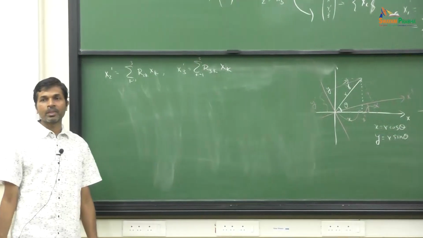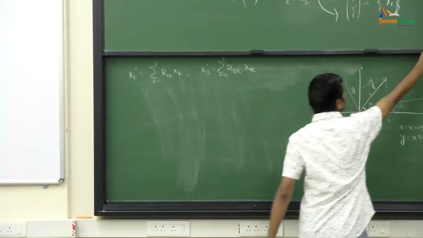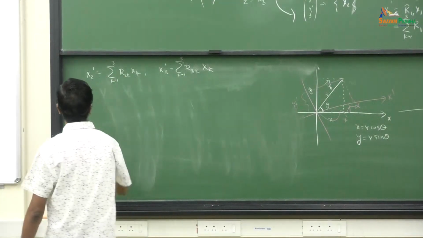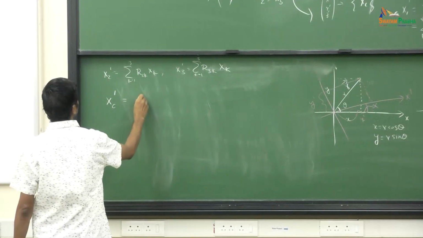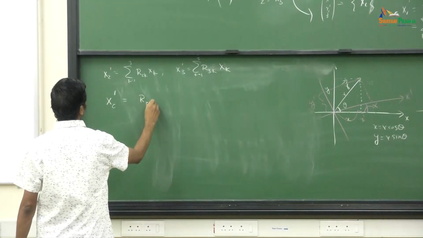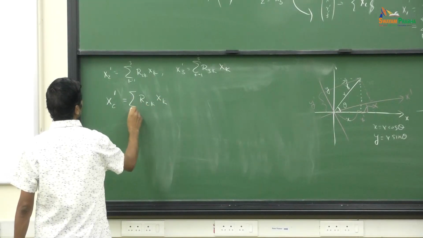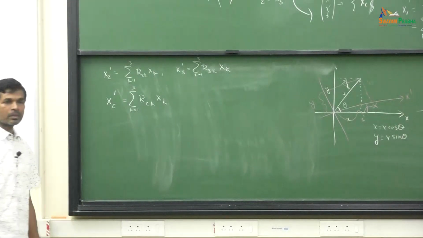And therefore, now you see all these 3 relations I can write in a compact way, saying that xi prime is sum over k, k equal to 1 to 3, of R_ik x_k.